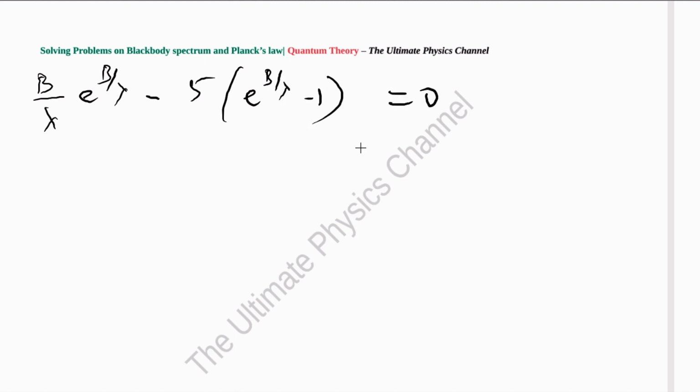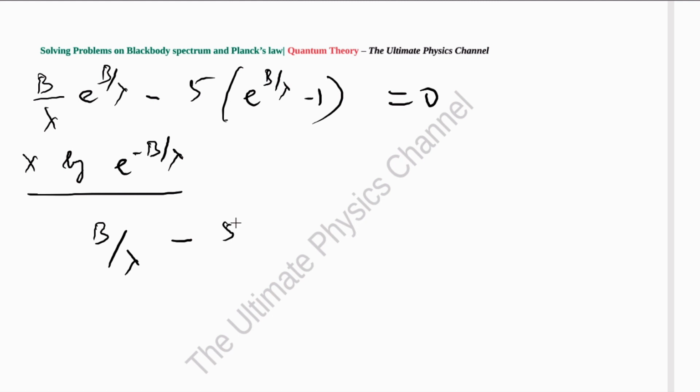So the second term alone is b over lambda, e power b over lambda minus 5 times e power b over lambda minus 1, whole thing is 0. If you multiply the whole thing by e power minus b over lambda, then we have b over lambda minus 5 times 1 minus e power minus b over lambda.